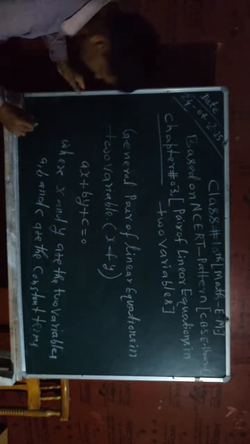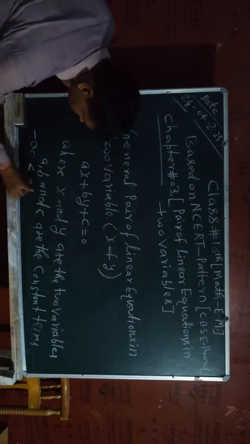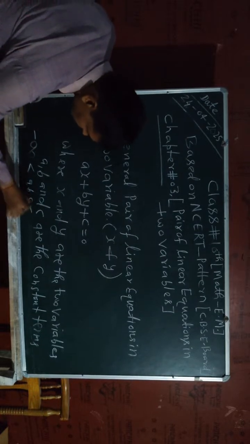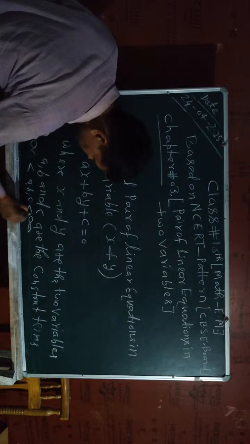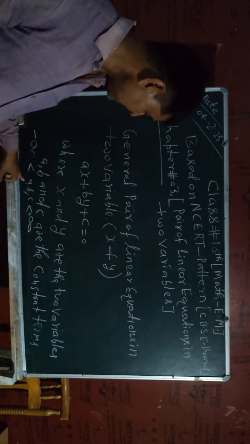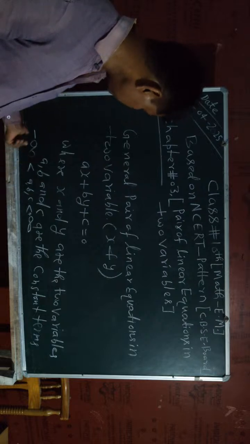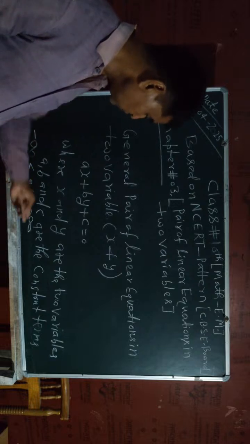I can write minus infinity less than a, b, c less than plus infinity. So a, b, c have real values. a contains a real value from minus infinity to plus infinity, b will be the same, and c will also be the same.